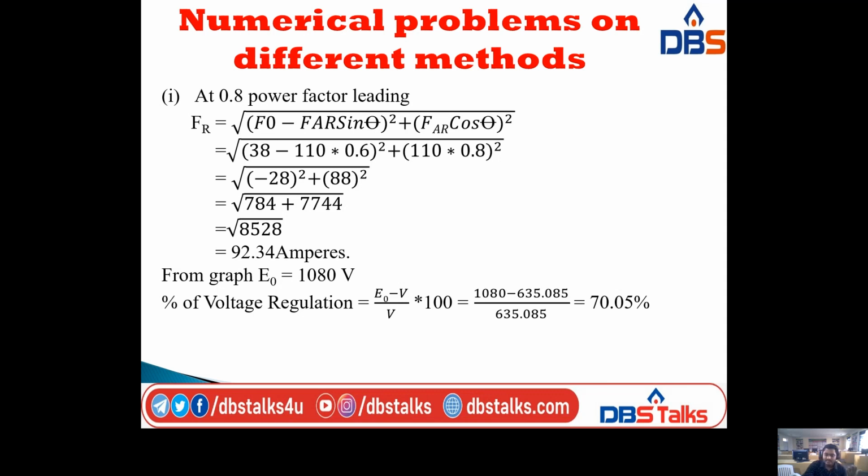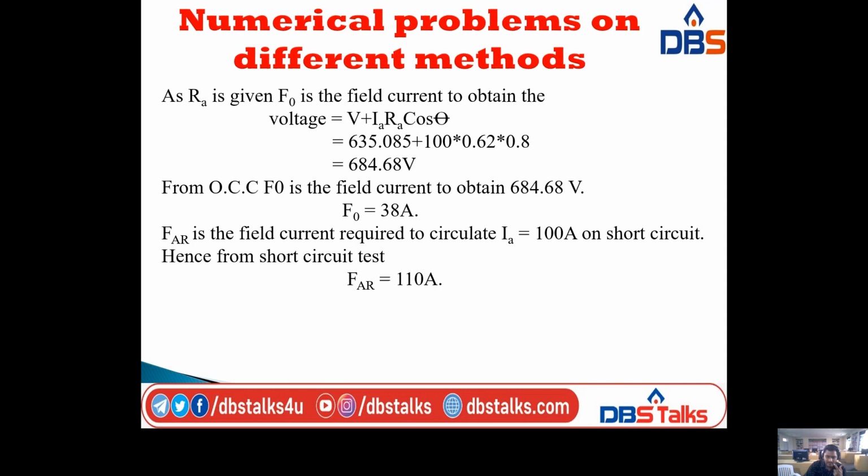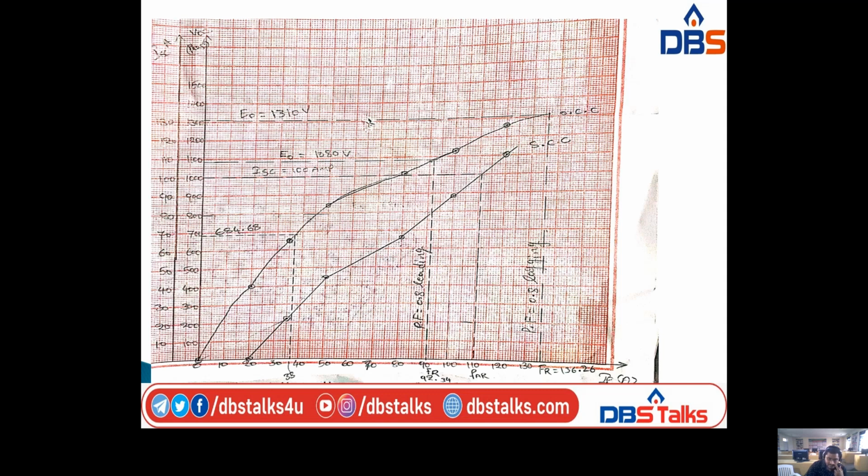Same, take the graph paper and take the field current values. Mark the 92.34 amperes in the field current values in the graph, and draw the vertical line onto the OCC curve. Okay, onto the OCC curve, sorry, not the SCC curve.